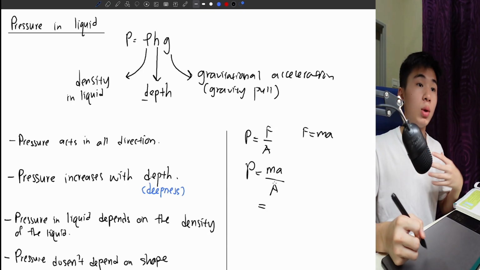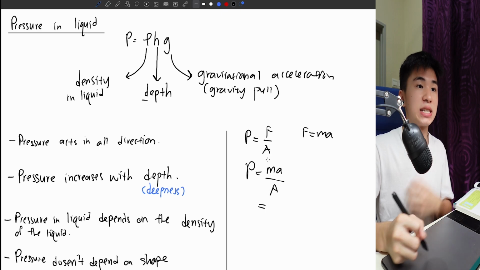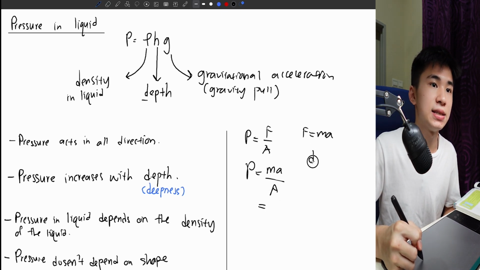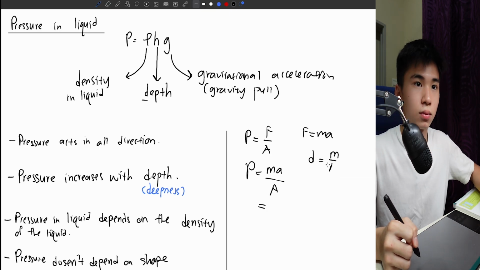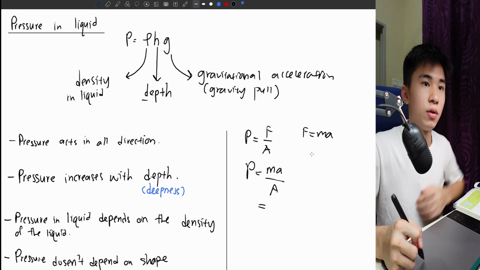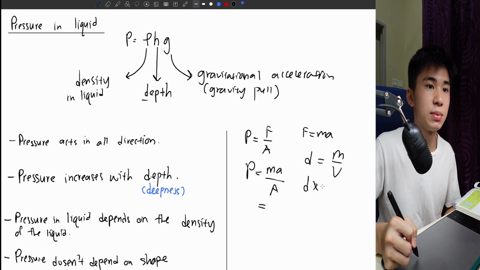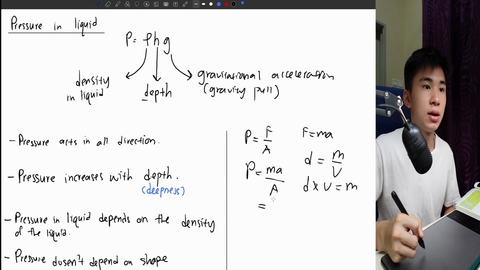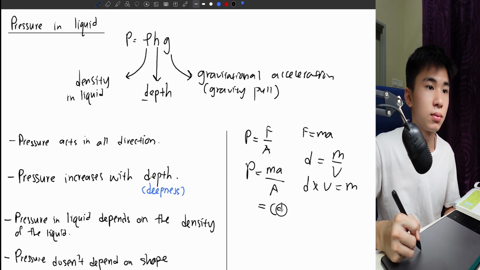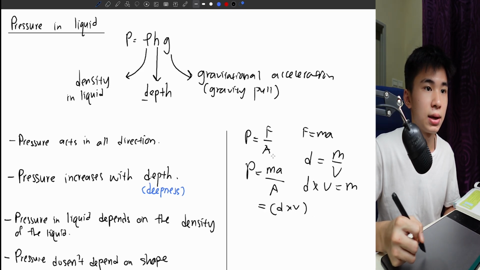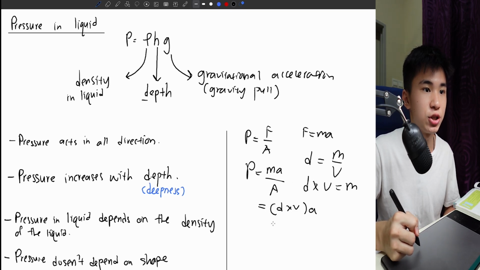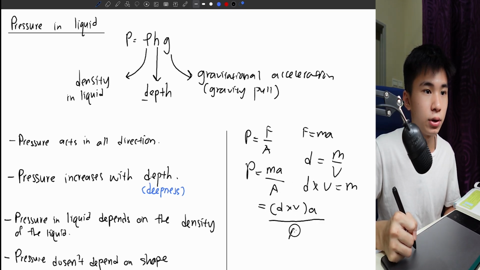We can further expand the mass: density equals mass over volume, so density times volume equals mass. So we can put it in as d times v times gravitational acceleration, over our area.